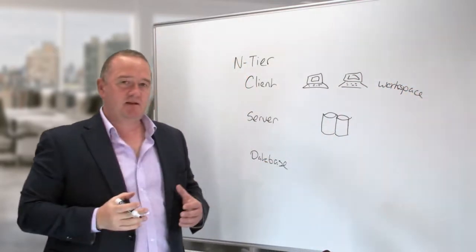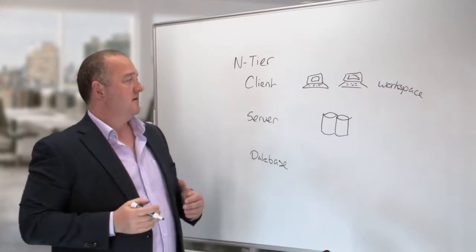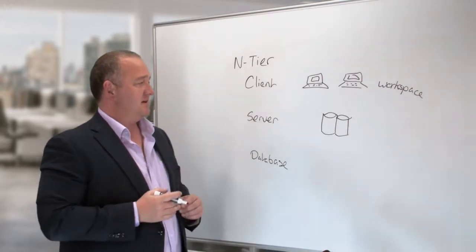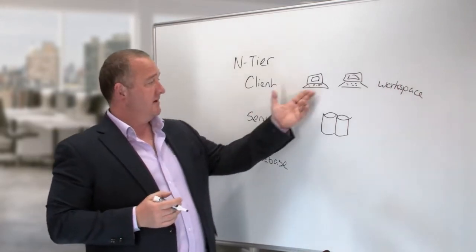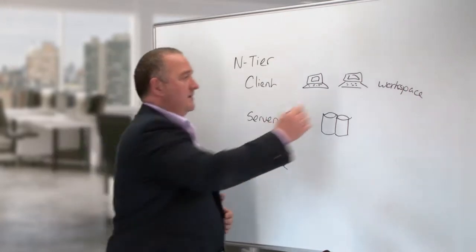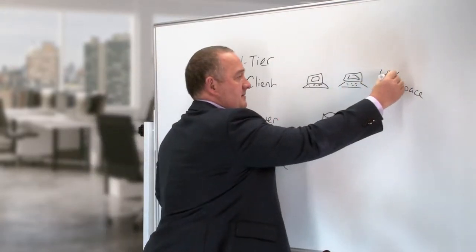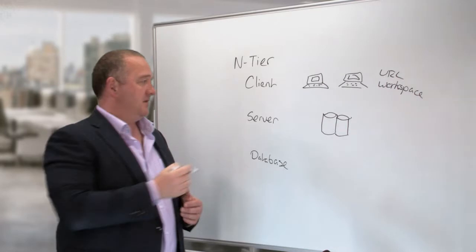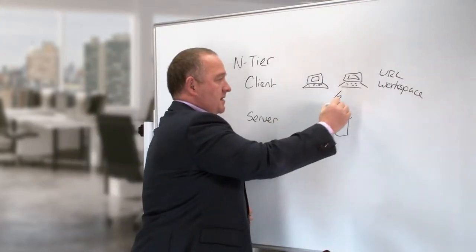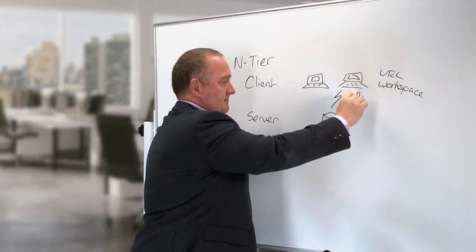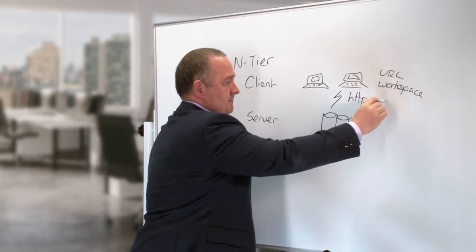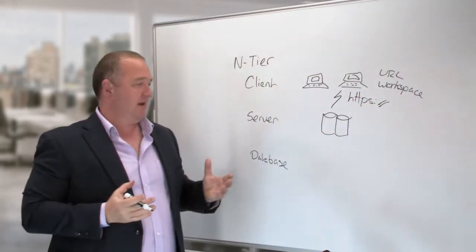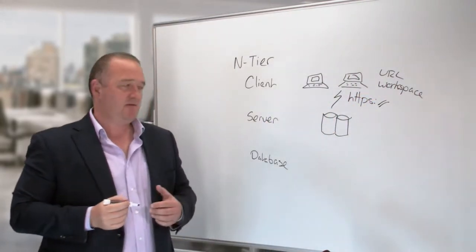So one of the things as an administrator, when you go live or you allow people access to HFM and you provision them, you need to give them the URL for the workspace. And then typically the user will use the internet to communicate with the HFM server.